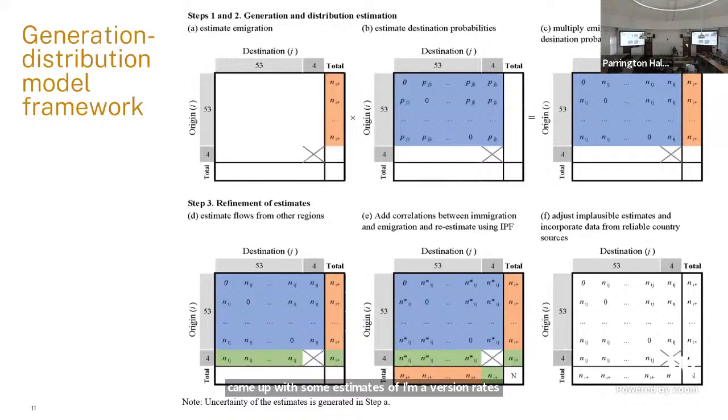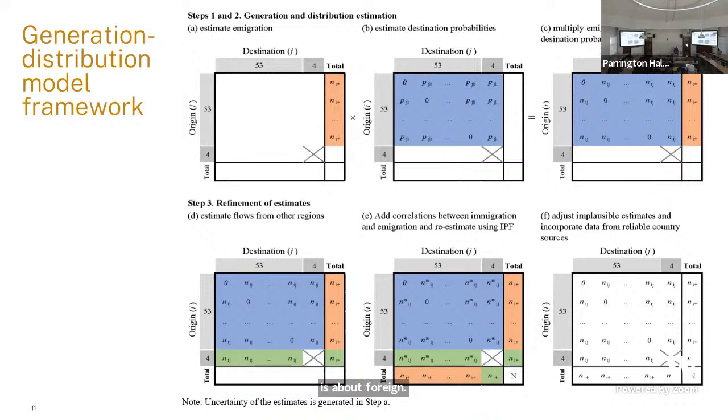That allowed us to come up with some estimates of immigration flows, which we then proportioned out to all possible destinations across these 53 countries and world regions. And here, the only real information we had on the distribution of migrants were that migrant stock data. Again, it was about foreign born and foreign citizens, but we thought that was a good indicator.